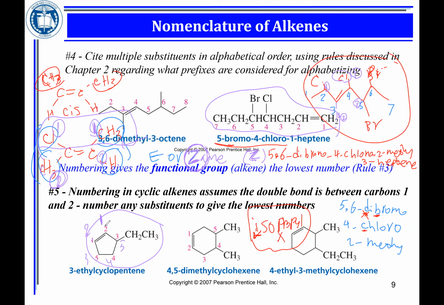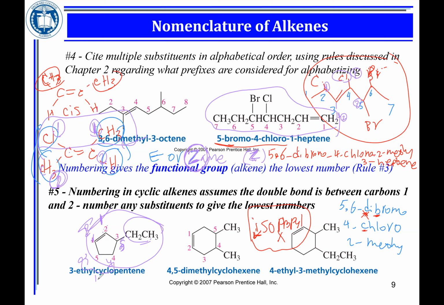Then the ethyl group is going to be on carbon number 5, which is a high number. That's why you cannot start from this carbon as carbon 1, and you say carbon 1 is the one to the left. So you have 1, 2, 3. That would be 3-ethylcyclopentene.